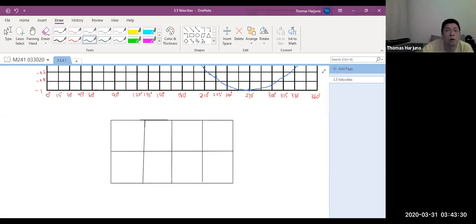So the sine graph later on will be approximately like this. This is quadrant 1, and then quadrant 2, quadrant 3, and quadrant 4. The center is 0, the maximum is 1, the minimum is -1.